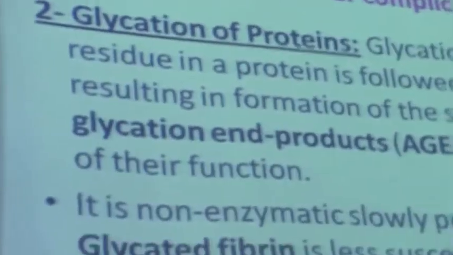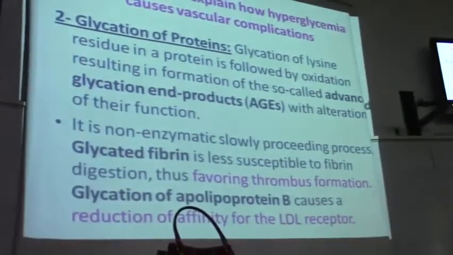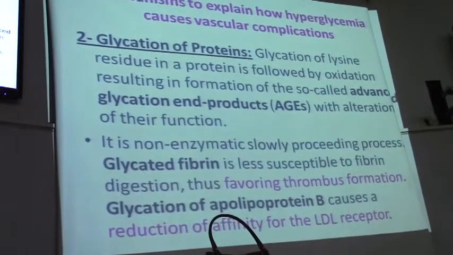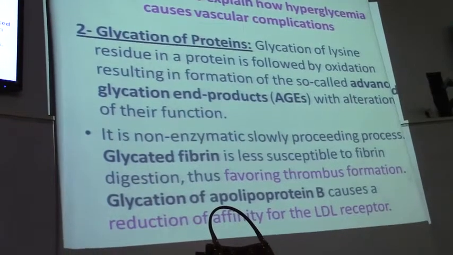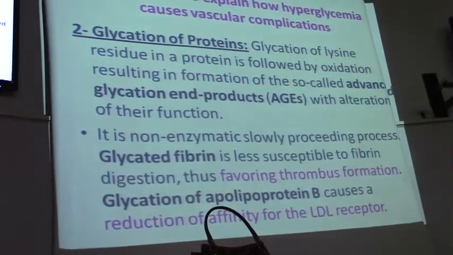Okay? So when apolipoprotein B is glycated, this alters its shape so that the receptor of the LDL does not properly recognize the LDL. Okay? So this results in decreased clearance of LDL from the blood. Therefore it persists more, and therefore it may be deposited in arterial walls leading to atherosclerosis. Okay? So these may be called vascular complications.